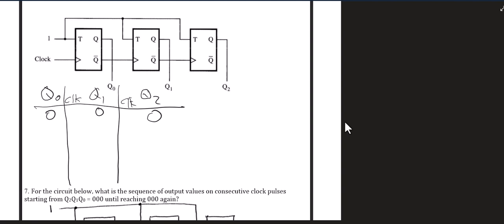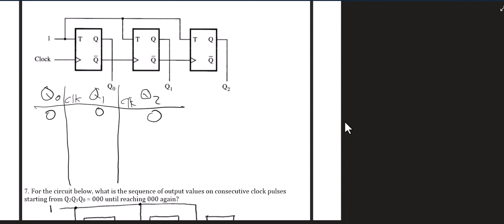I'm going to start with Q0 because it's just a T flip-flop with the clock, so it'll be easiest to deal with. Its input is a constant 1. T equals 1 toggles. That means every time we get to the active edge of the clock, it's going to toggle because the input is always 1.